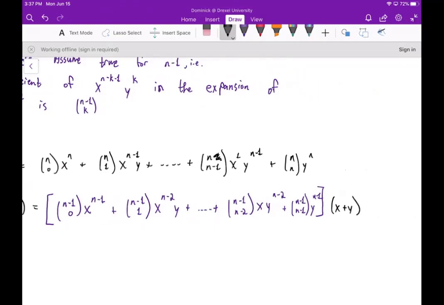Okay. So now what we have to do is distribute all of this. So if I distribute the x times everything, here's what's going to happen.